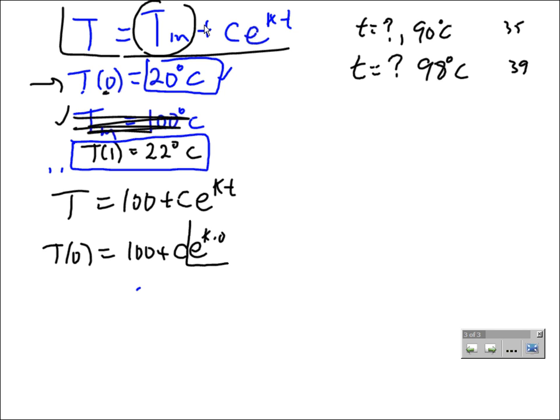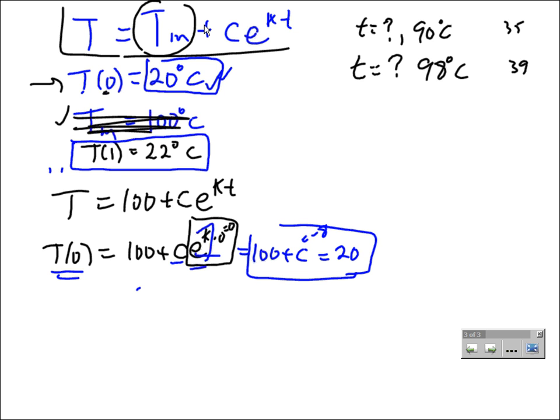So it's c times this, and k times 0 is 0, and e to the 0 is 1. So this is just 1, and c times 1 is c. So we get 100 plus c. That's what T of 0 equals, 100 plus c.